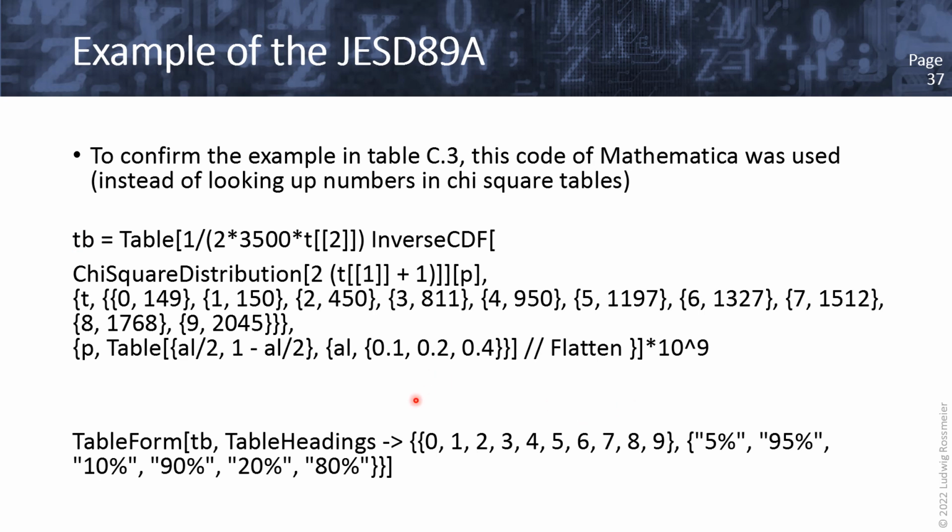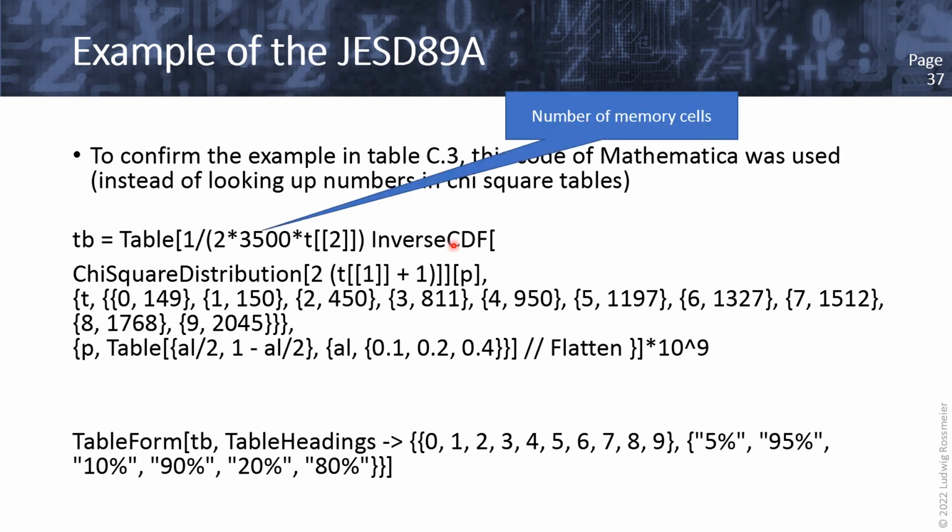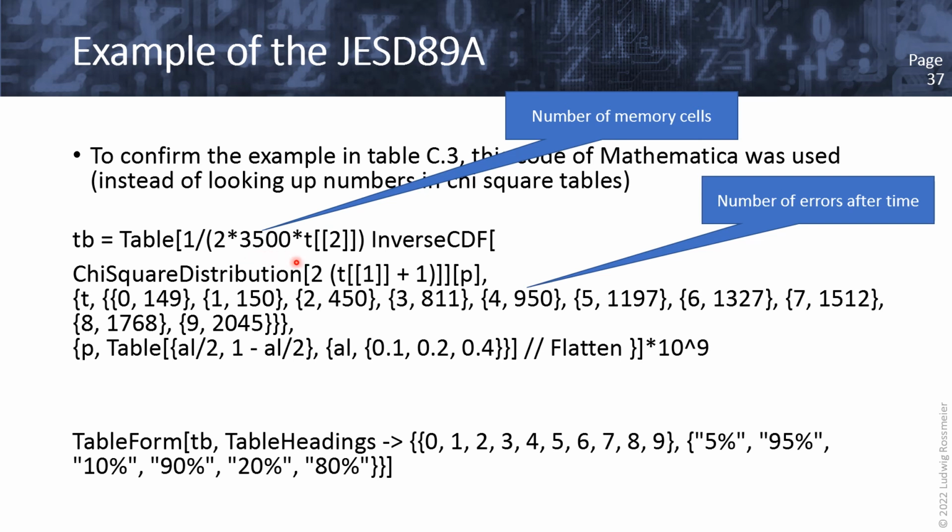Since not all of you are used to Mathematica, I'll explain a little bit what happens here. The 3,500 is the constant number of memory cells given in the example. Here are the number of errors after time. So I assumed 0 errors after 149 hours, 1 after 150, and so on, according to the table given in the standard.